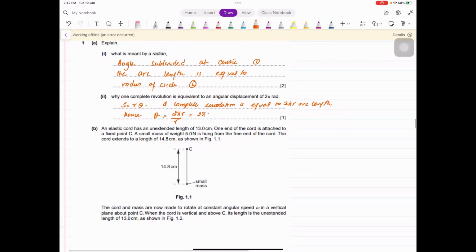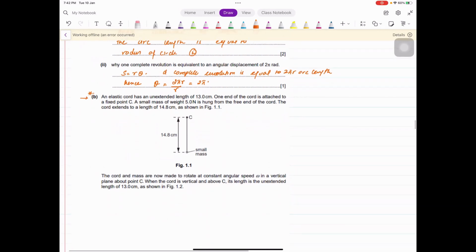Now, next thing is this question. I really like this question anyway. It says an elastic cord has an unextended length of 13, so its original length is, let's call this L0. A small mass of 5 newtons is hung at point C, and the cord extends to this, the final length.